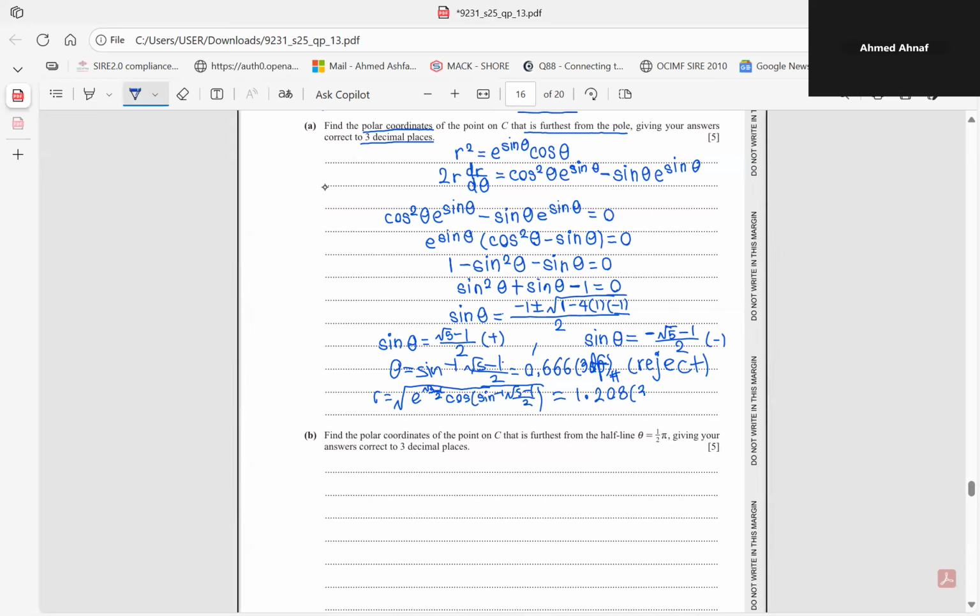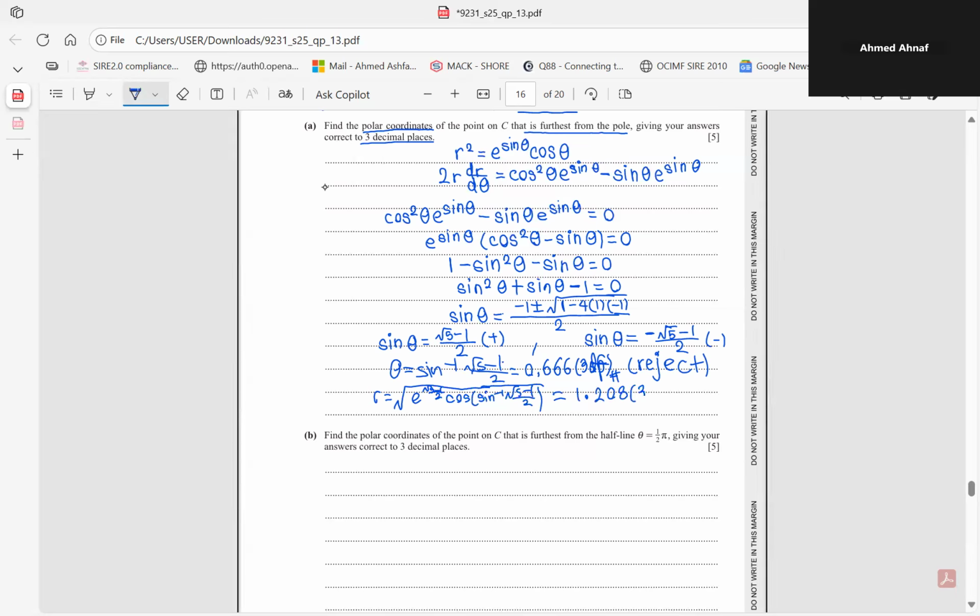Okay, so now we're going to have to find the polar coordinates of the point on C that is furthest from the half line theta equals pi over 2, giving your answer correct to 3 dp. What do they mean by the half line theta equals pi over 2? They just mean the y-axis, basically.